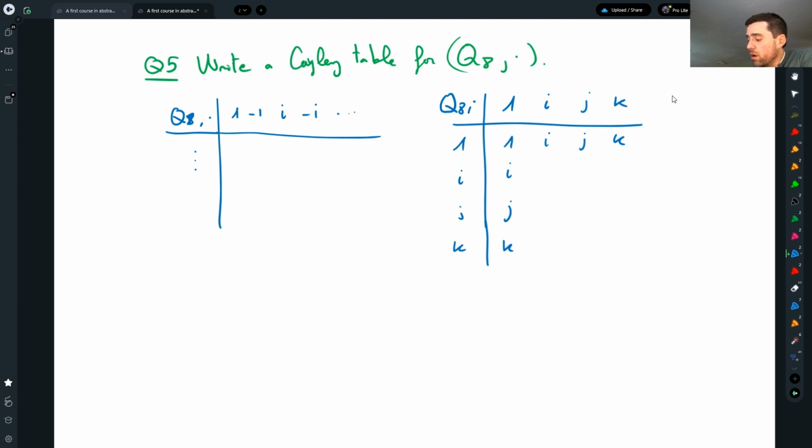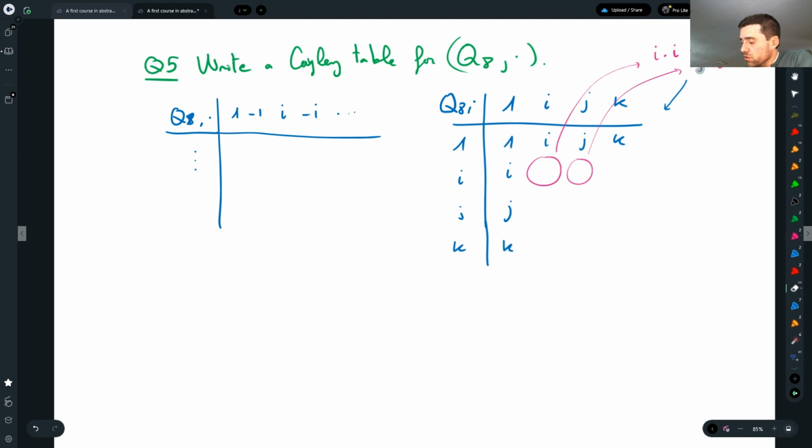So for example here is going to be i times i, but here is going to be j times i. Actually, let's do row by columns. I think that's more natural. So that is going to be i times j, row by column, sure.